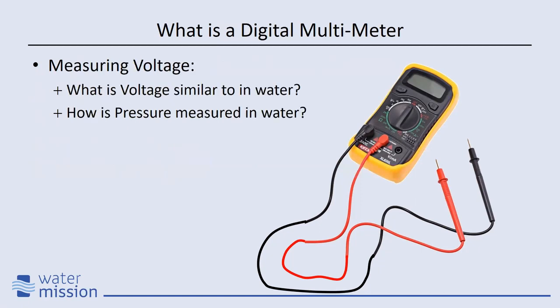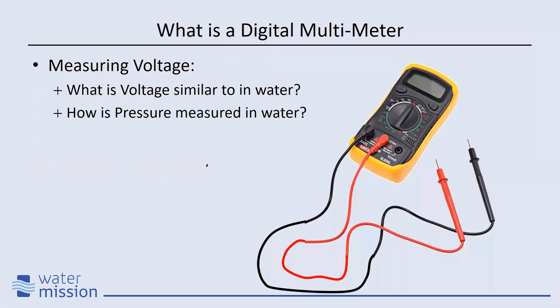So if we were going to measure the voltage of a system, we need to know how to do that with a multimeter. So what is voltage similar to in water? It's pressure. How is pressure measured in piped water systems?